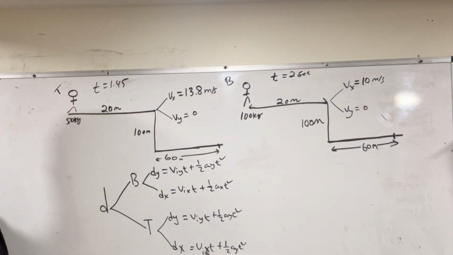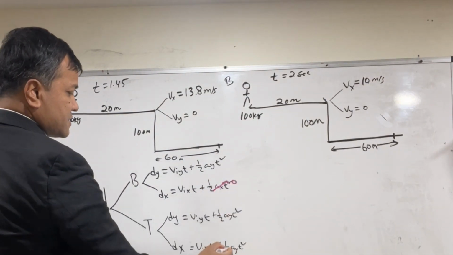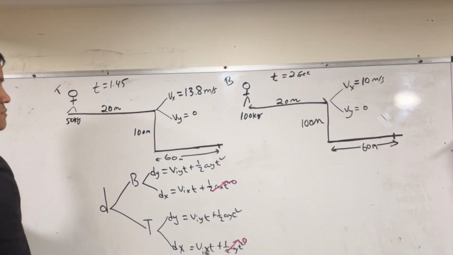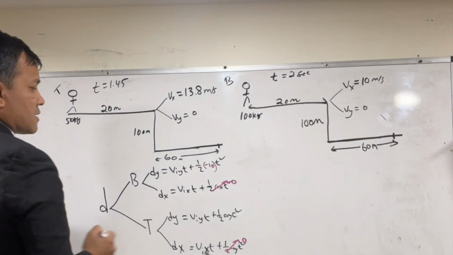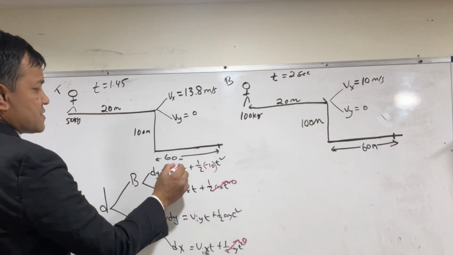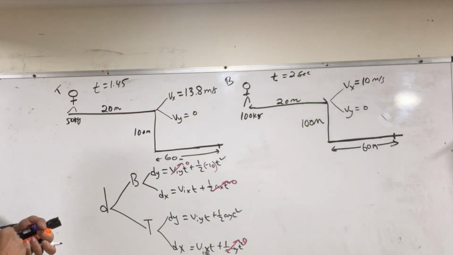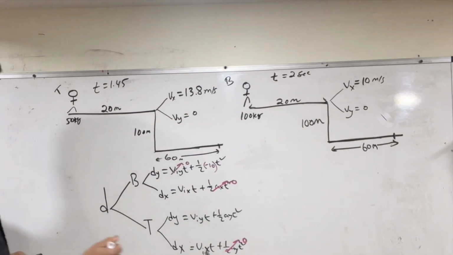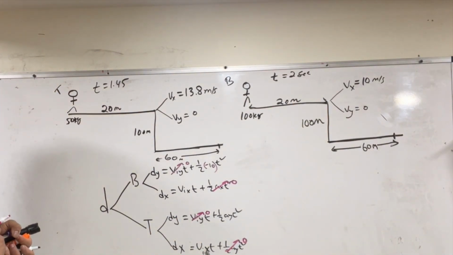Now guess what? This is 0, this is 0. This is negative 10. This is of course 0 for Barry. Why? This is 0. This is 0 for Terry. Why? Because this is 0. This is negative 100 for Barry.